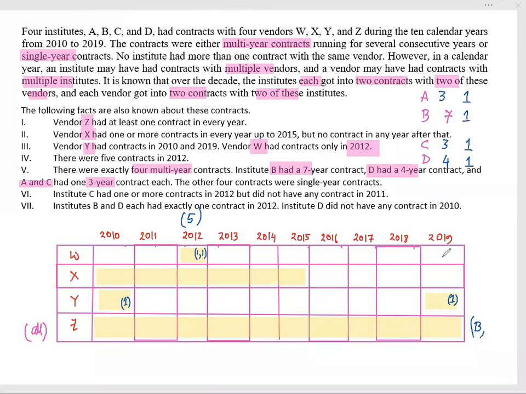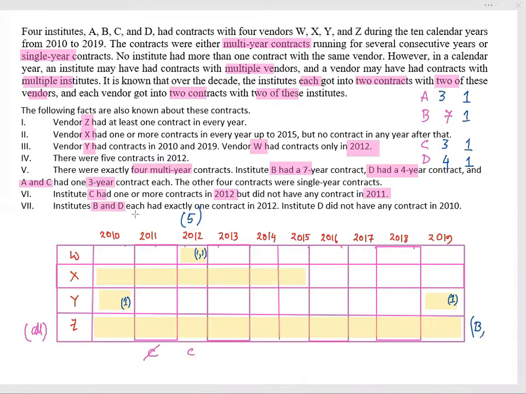Now next, 2 pieces of information. Information point number 6: Institute C had 1 or more contracts in 12, but did not have any contract in 11. That means C would be present in 12, but would not be present in 11. Institutes B and D each had exactly 1 contract in 12.